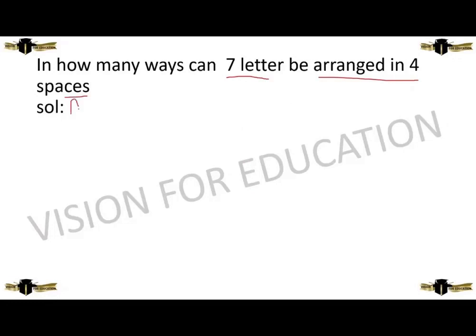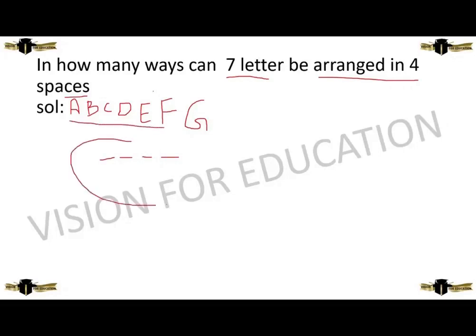Let us consider A, B, C, D, E, F and G be the 7 letters. Here I am providing 4 spaces: 1, 2, 3, 4. They are asking us to arrange these 7 letters in these 4 spaces.